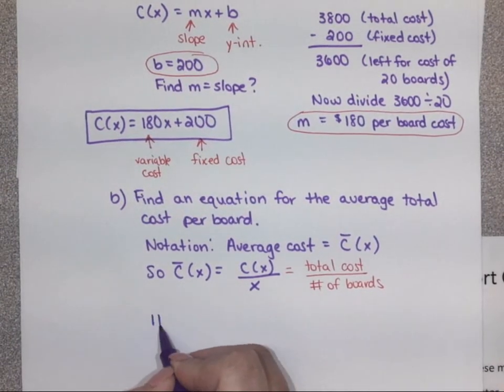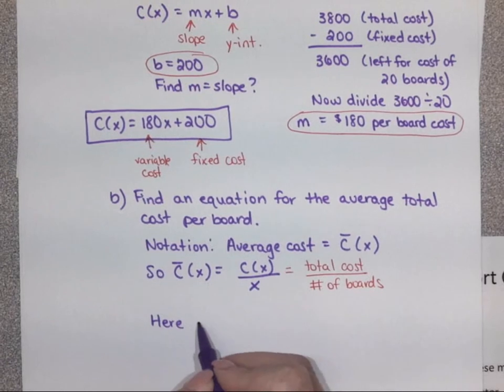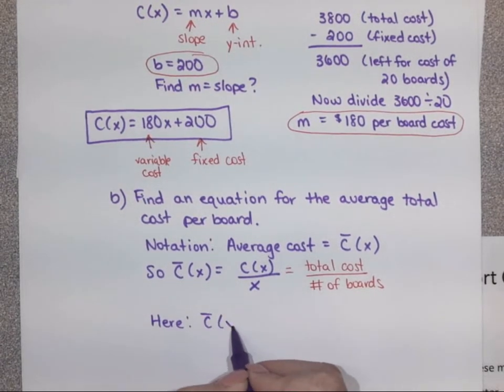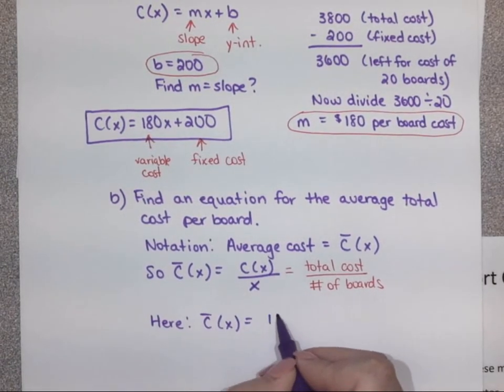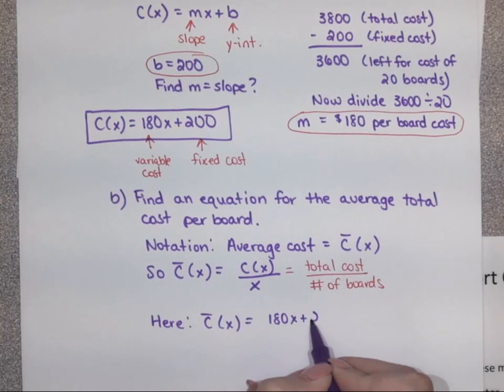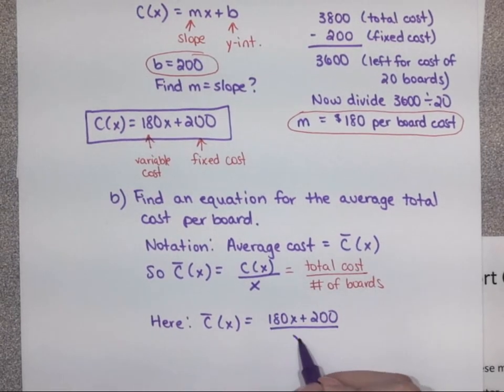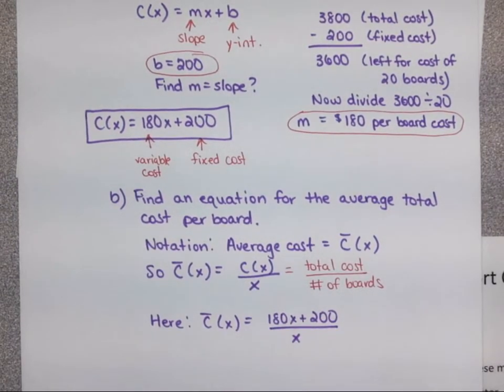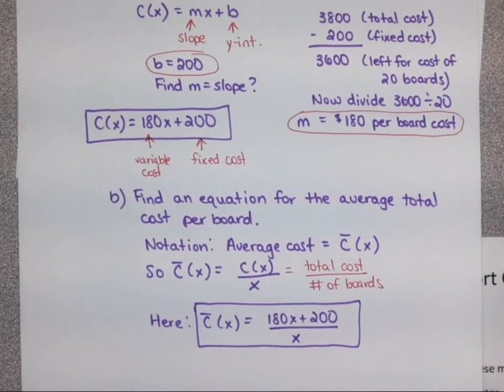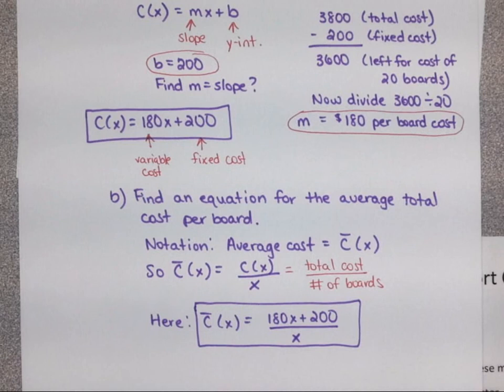Okay, so here, what's our average cost equation? So here we have C bar of X, and it's going to look like 180X plus 200 over X. But in another circumstance, if the cost equation was different, you would use that cost equation divided by X.